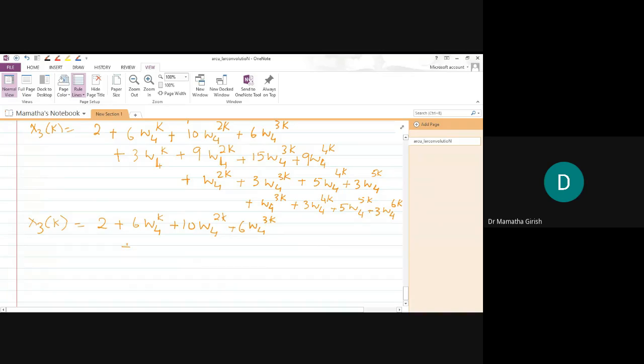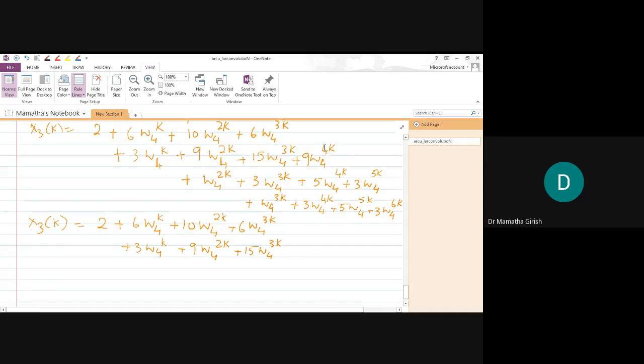3 times W4 to the power of k as it is, plus 9 times W4 to the power of 2k as it is, 15 times W4 to the power of 3k also as it is. Coming back to this, what is W4 to the power of 4?